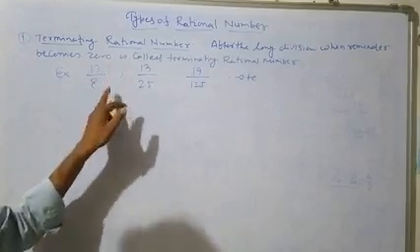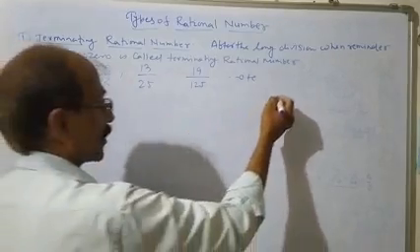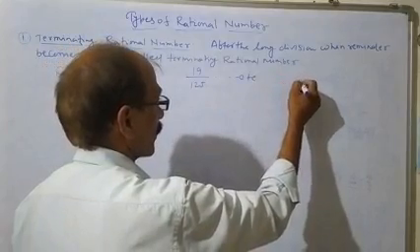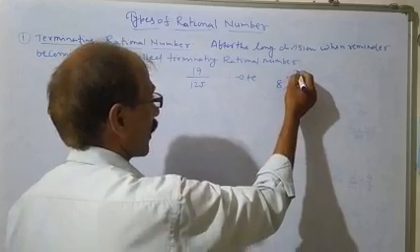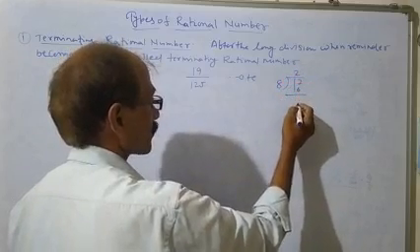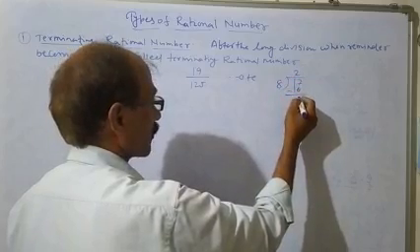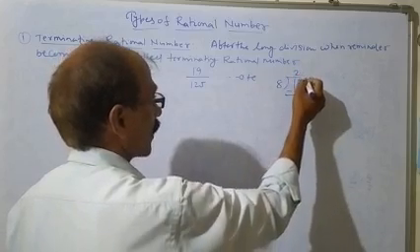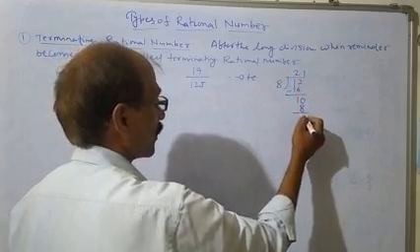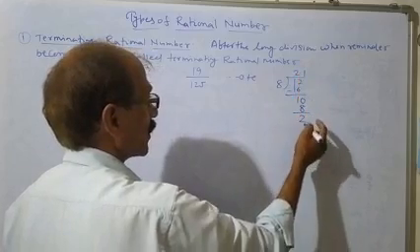I am taking 17 upon 8. Here is 17 divided by 8. Read the table. 8 2 ja 16. Subtract it. 1 is carry. Taking the decimal, place the 0. 8 1 ja 8. The remainder will be 2.